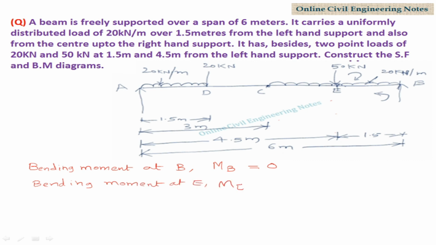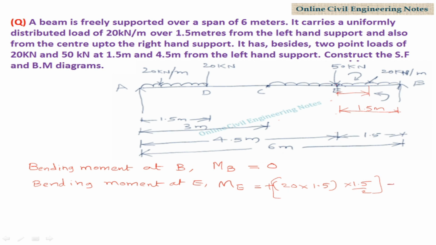That is M suffix E. At ME consider the right side portion, 20 kilonewton per meter UDL is acting in clockwise direction and RB is acting anti-clockwise direction. Therefore clockwise moment is taken as positive, clockwise moment is UDL. Convert the UDL into point load 20 into 1.5, perpendicular distance is 1.5 by 2.